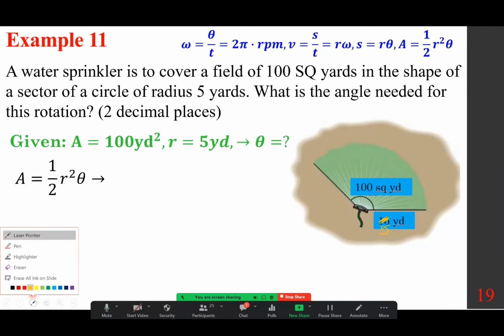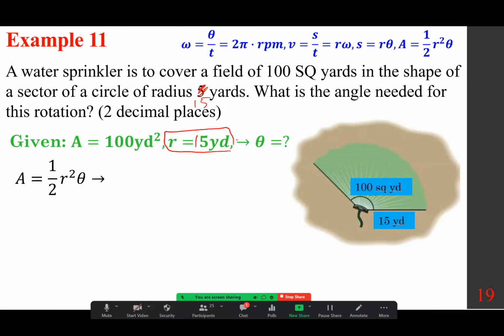Actually, let me do this, everybody. Let's change this to 15, and this is 15. And let's erase this. Now it actually works out. So this must have been a typo. Okay.